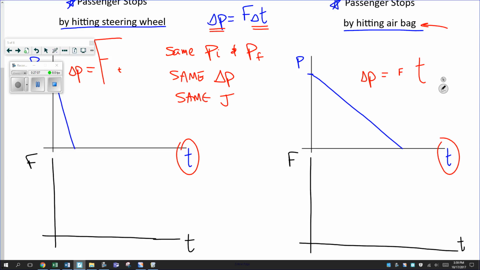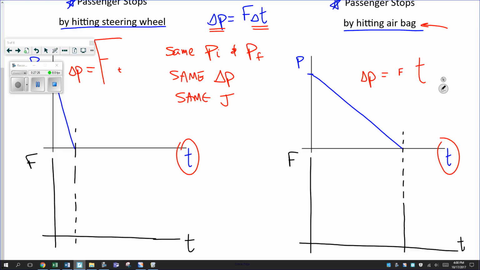There's a difference. I'll give you a hint. This one lasts that long. This one lasts this long. So we'll talk about these graphs.